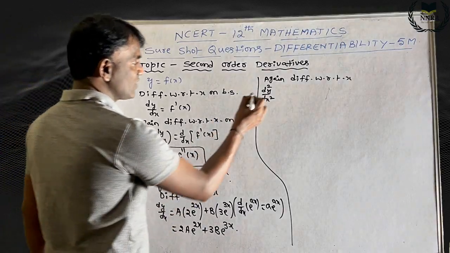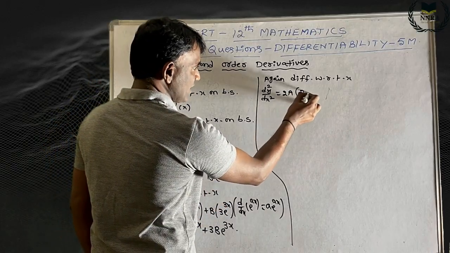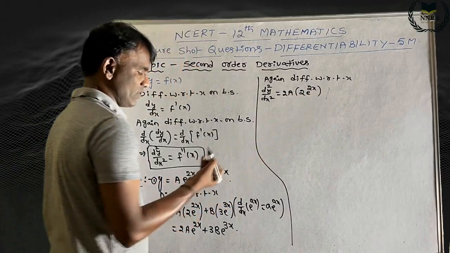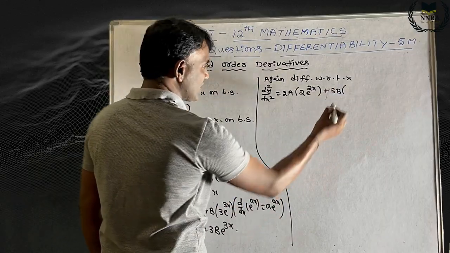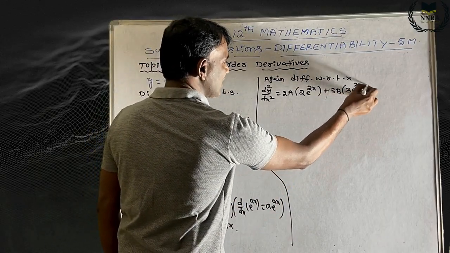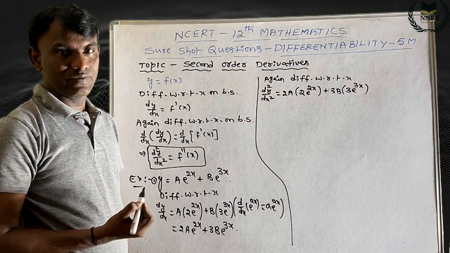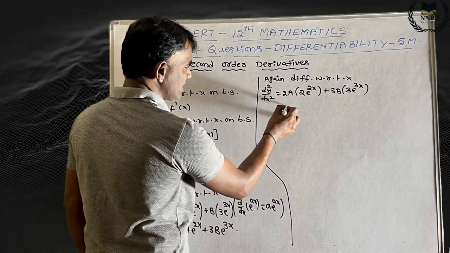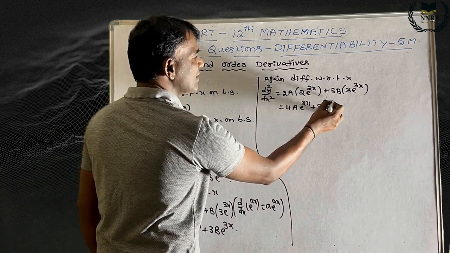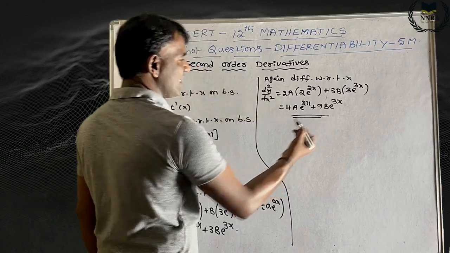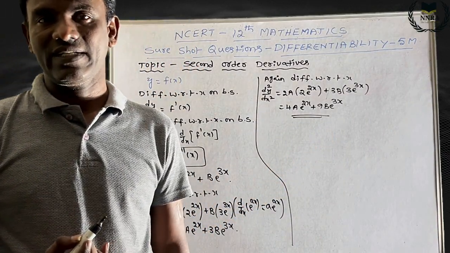Here 2a is constant, and the derivative of e power 2x is 2 into e power 2x. Again 3b is constant, and the derivative of e power 3x is 3 into e power 3x, like the d by dx of e power ax formula. So it is 4a e power 2x plus 9b e power 3x. This is the answer, the required second order derivative of the given function.